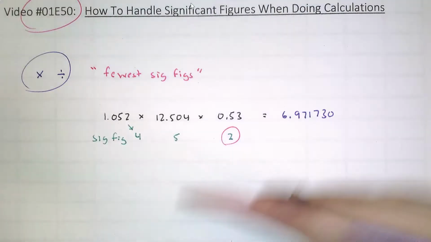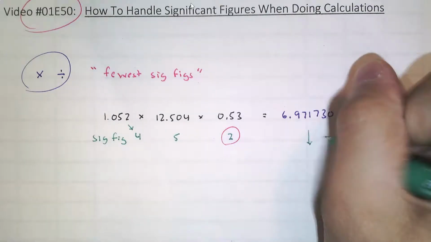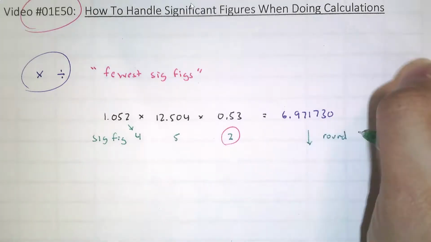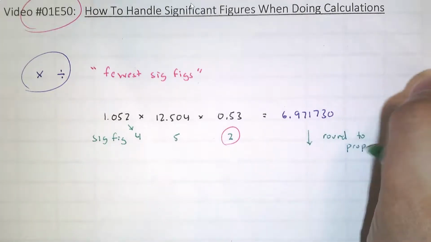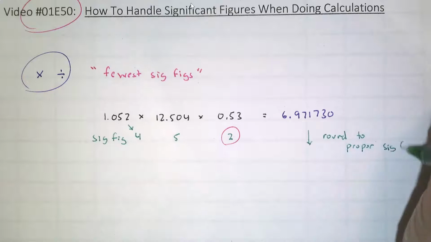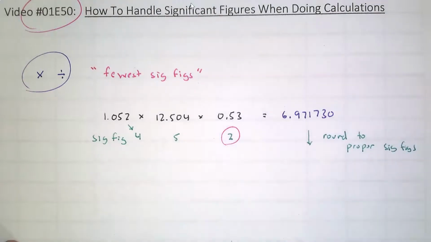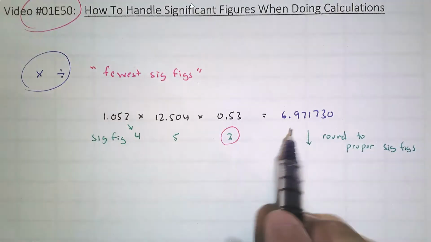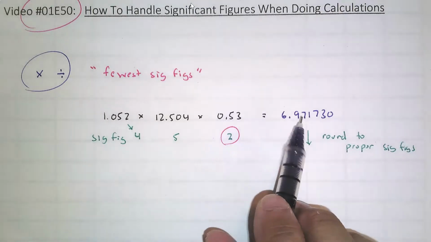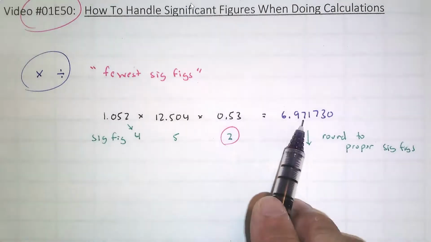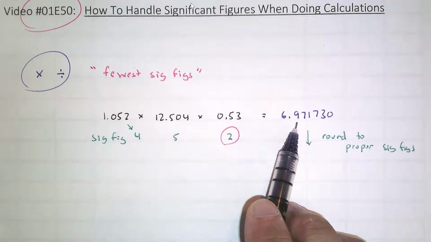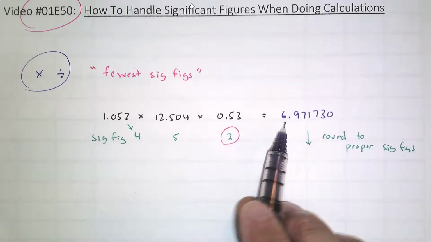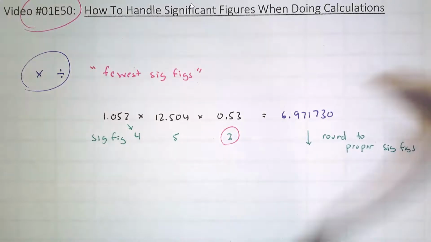Let me put here, round to proper sig figs. 6.97. That 7 tells me to round this up to 0, and then that will make this 7.